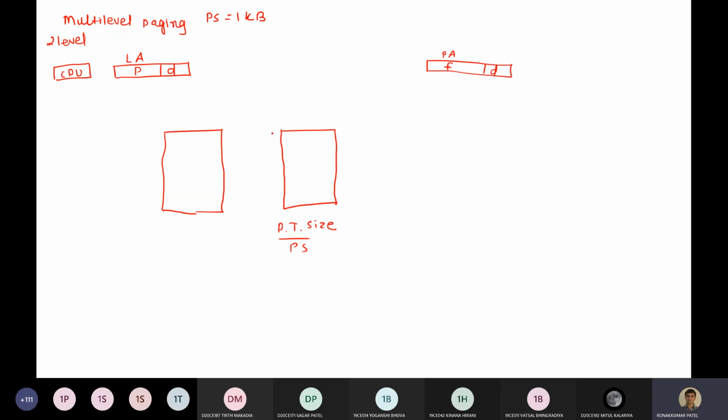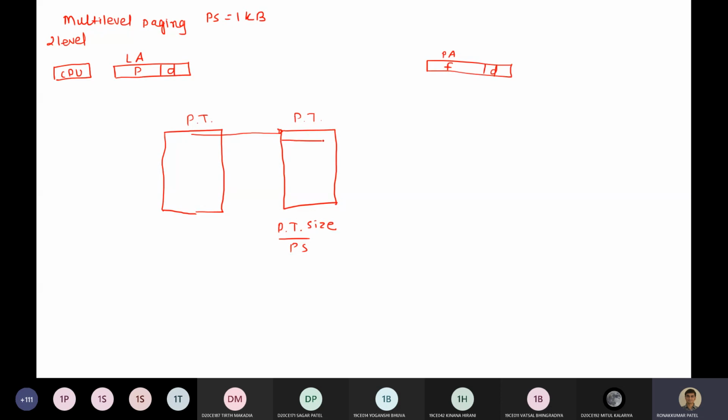Right? So now in two level paging, your first outer page table will store the address of a page table. This is a page table, the outer page table. This is also a page table, this is the inner page table, right?